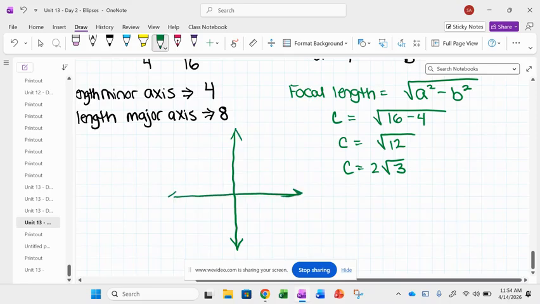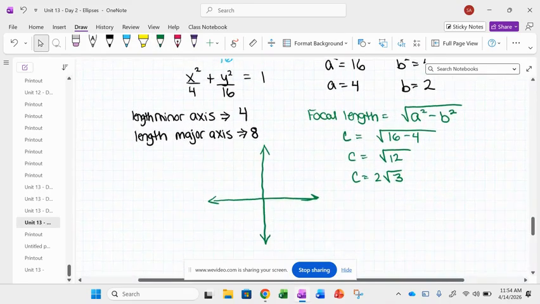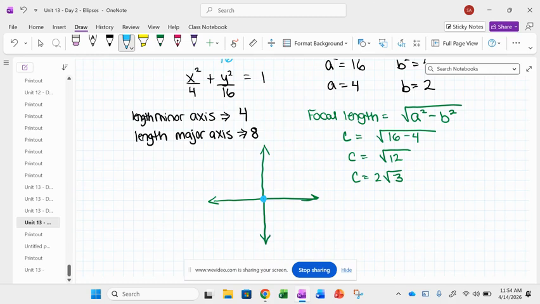What's the center of this ellipse? 0, 0. And this is a vertical ellipse, right? Because the bigger number was under the y. And don't the foci lie on the major axis? So that means from the center on the major axis, the y, I have to go up 2 root 3. So this is going to be 0, 2 root 3.